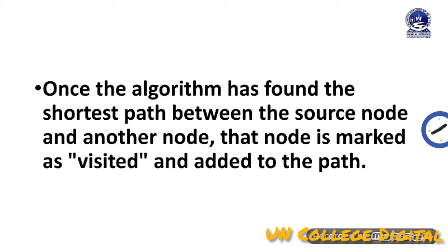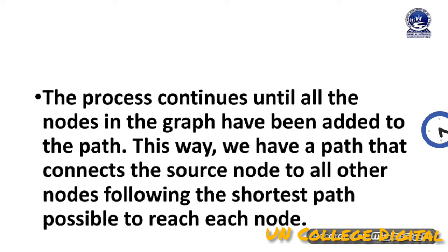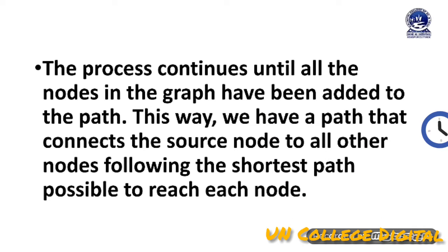The second point is, once the algorithm has found the shortest path between the source node and another node, that node is marked as visited and added to the path. The next point is that the process continues until all the nodes in the graph have been added to the path. This way we have a path that connects the source node to all other nodes following the shortest path possible to reach each node according to Dijkstra.